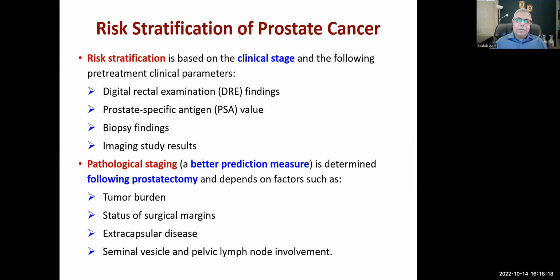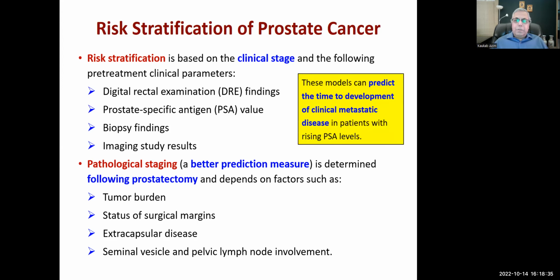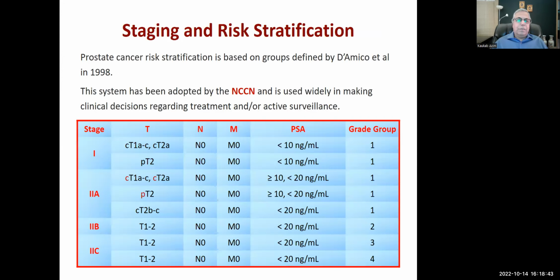So a lot of factors that we take into account to stratify the cancer and to predict the risk of metastasis if it has already not occurred, or response to therapy, or maybe also the lifespan. So these models can predict the time to development of clinical metastatic disease in patients with rising PSA levels.